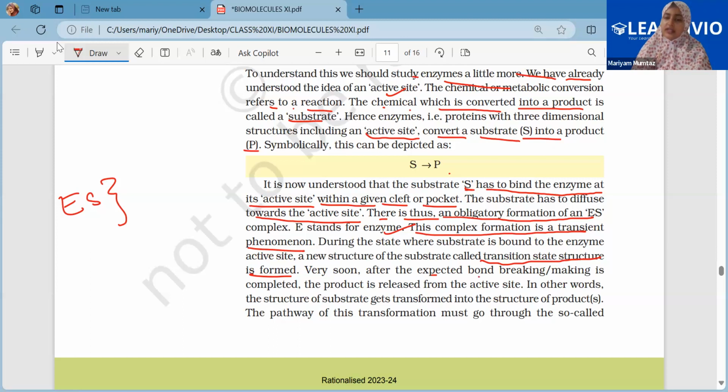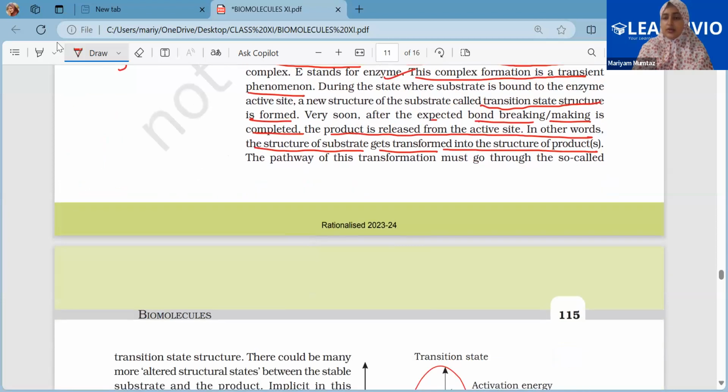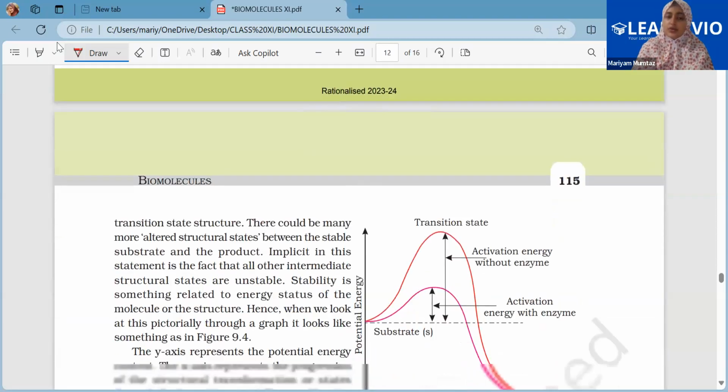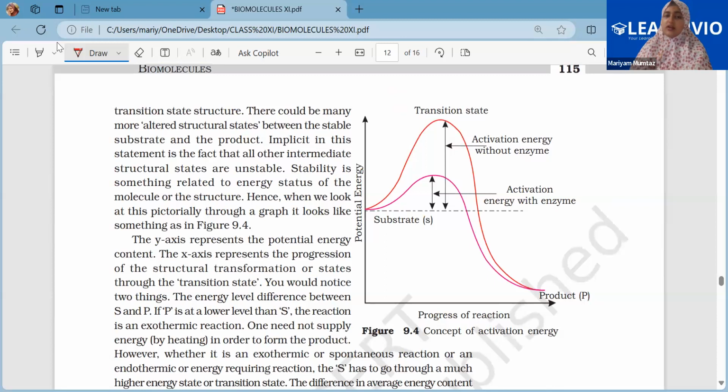Very soon after the expected bond breaking or making is completed, the product is released from the active site. In other words, the structure of the substrate gets transformed into the structure of the product. The pathway of this transformation must go through the so-called transition state structure. Transition state, again, is the period from which the substrate gets turned into the product.